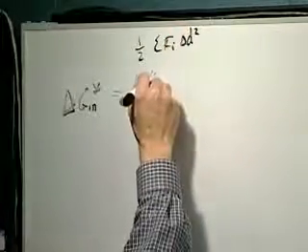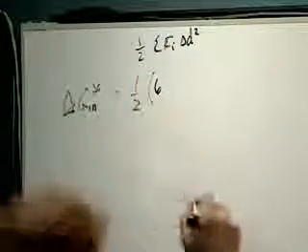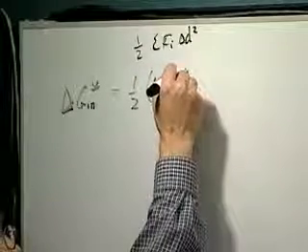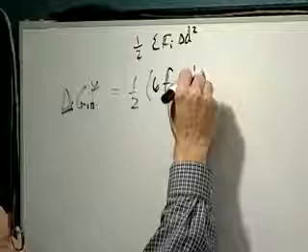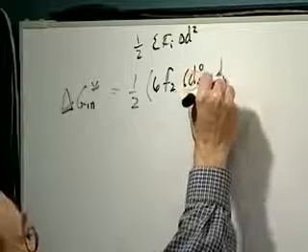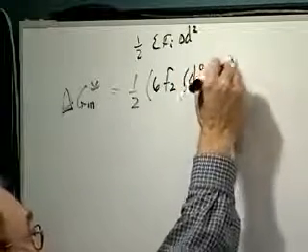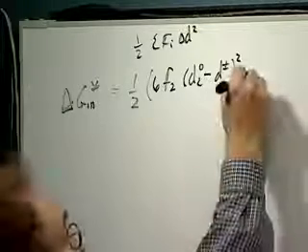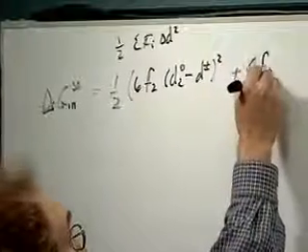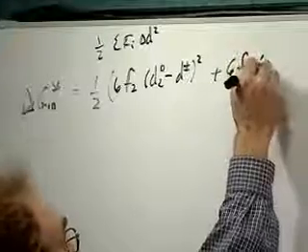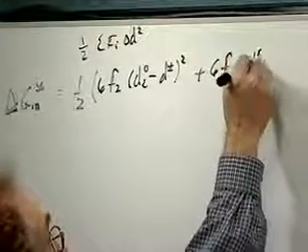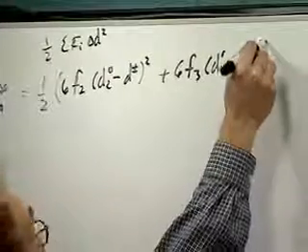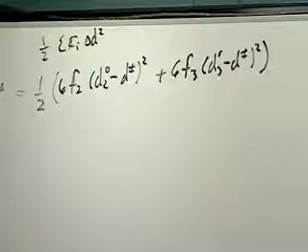There's going to be the force constant for the 2+ times D20 minus D transition state squared, plus 6 times the iron 3+ force constant times D30 minus D transition state, in parentheses, squared.